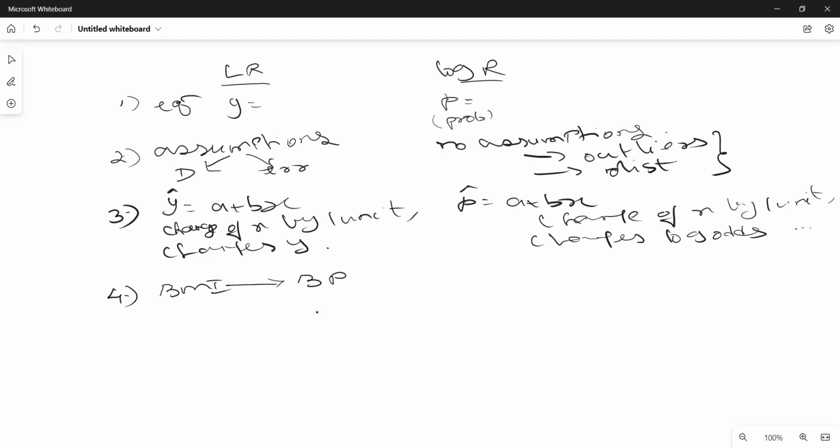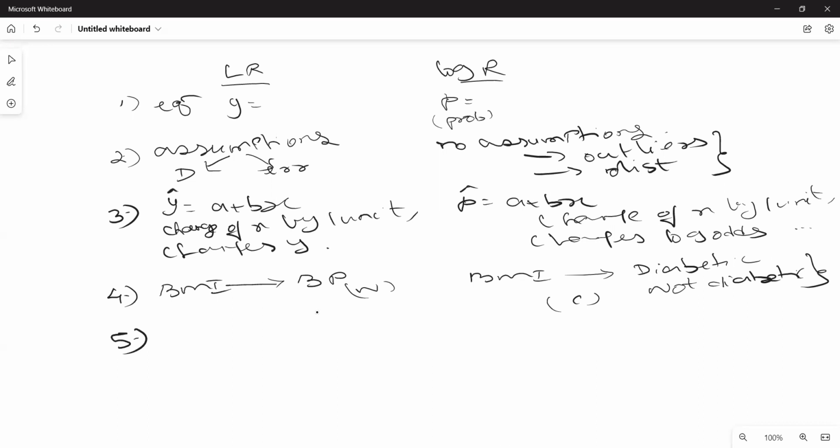Whereas a logistic regression, if the data has BMI, can predict whether a person is diabetic or not diabetic. So this is a number and this is a class. Clear?